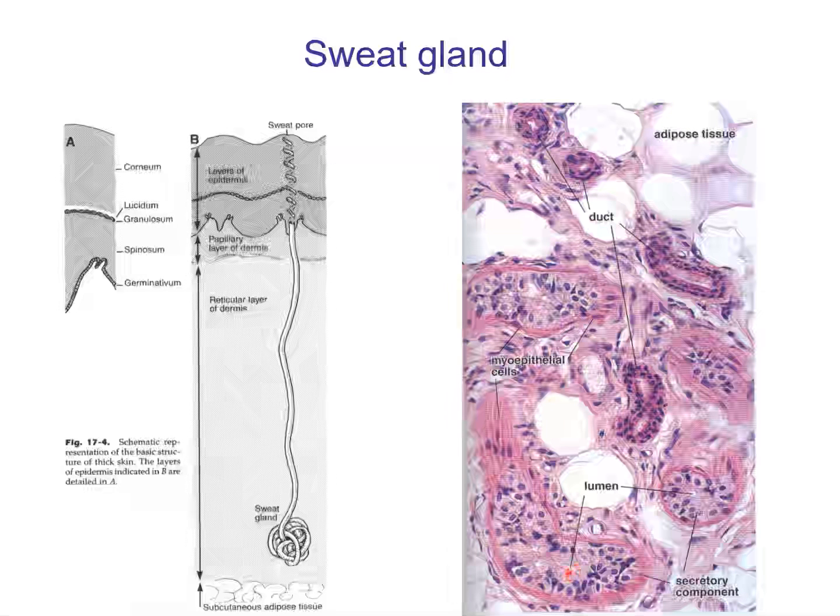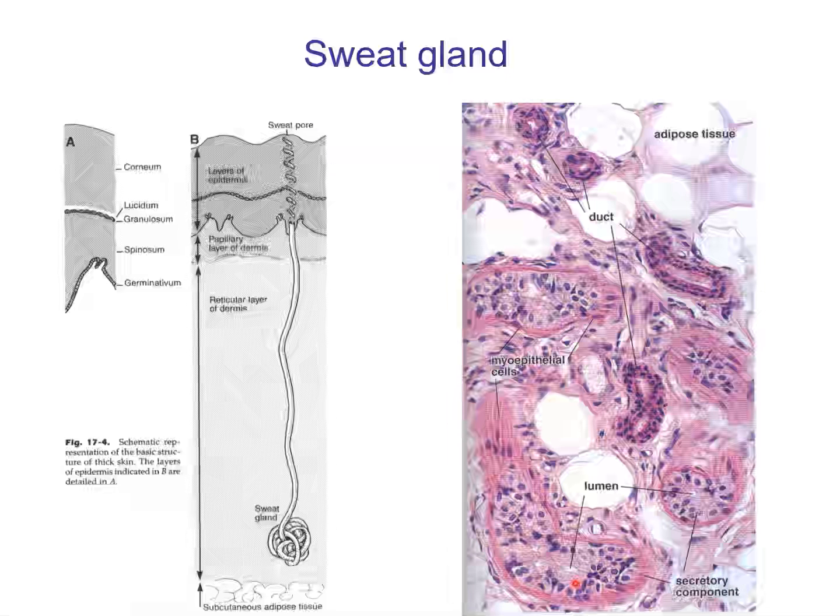Here you can see one lumen, there is another lumen, and they are lined by stratified cuboidal epithelium. Somewhere you can see multiple layers, multiple nuclei, but because the section has passed obliquely, it looks like multiple layers. Otherwise, it is lined by cuboidal epithelium.